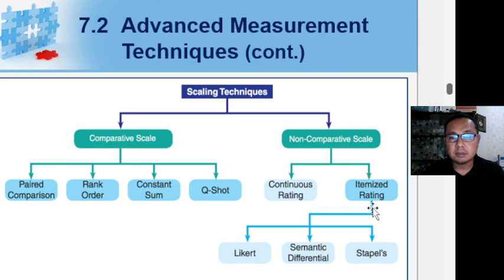And then non-comparative scale, I mean continuous rating and itemized rating. Itemized rating is one of the very popular in quantitative research methods. We will use Likert scale, semantic differential, and Stapel.